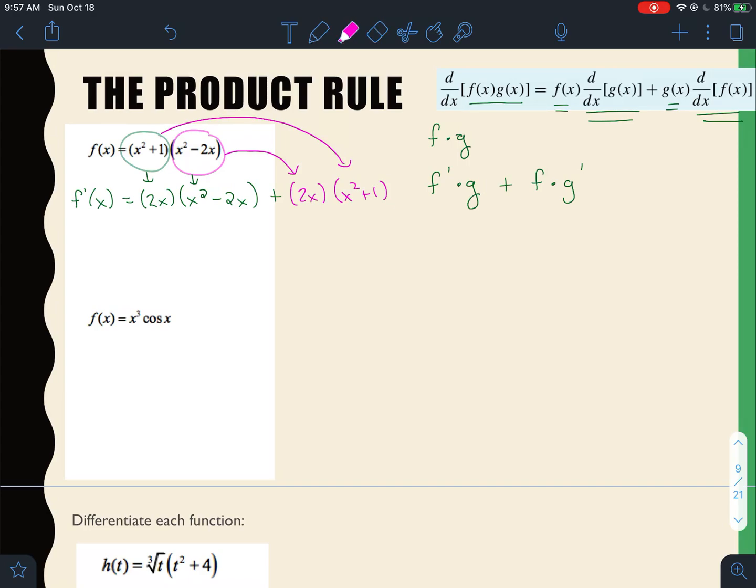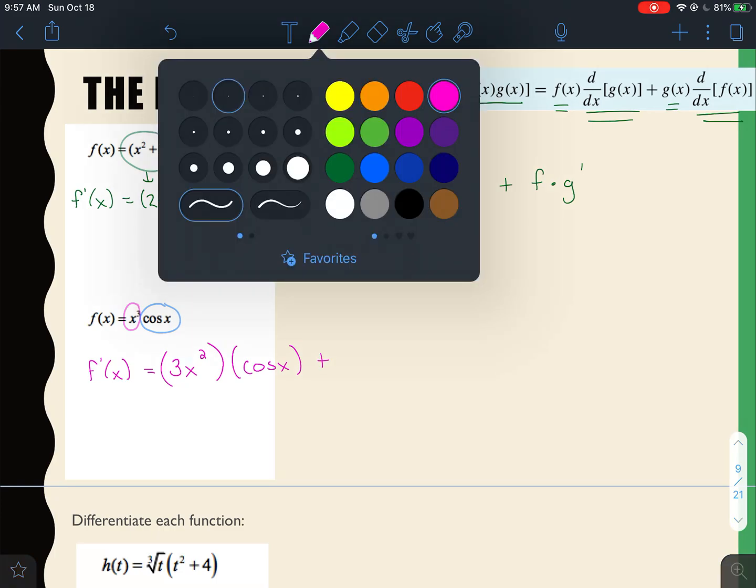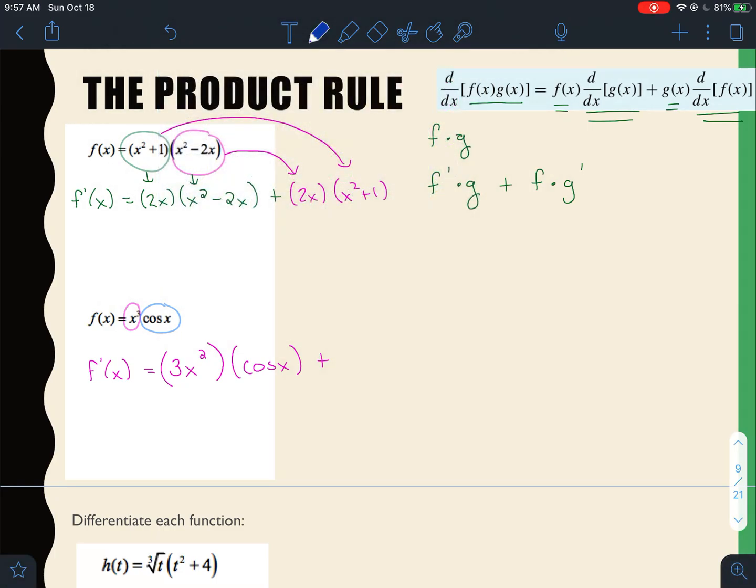All right, so second time, we have x to the third times cosine x. So x to the third could be my first function, and then cosine x could be my second function. So if I want to take the derivative of this, it's a product. It's one function times another. You take the derivative of the first function, and then you multiply it by the second function. So it'll be 3x squared times cosine x, and then it's plus in the middle. And then you can take the derivative of the second function.